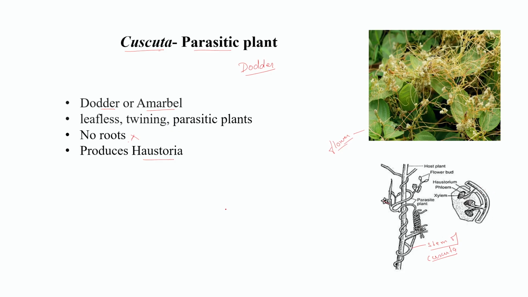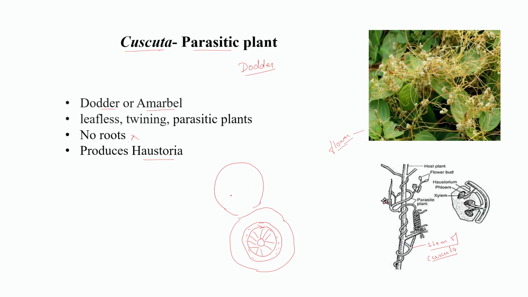Now suppose this is the Cuscuta plant, and it is just attaching itself to the host plant. In the host plant also you will have vascular tissue, you will have pith, and you will have xylem and phloem. So definitely this haustoria should enter, at least till the phloem, to obtain nourishment.